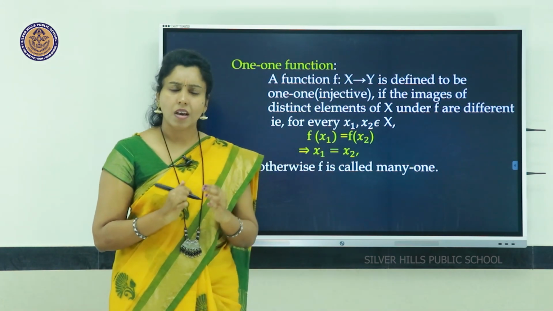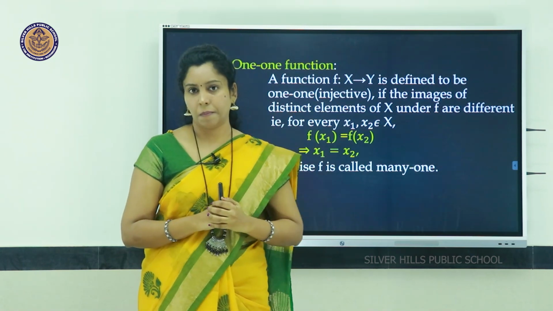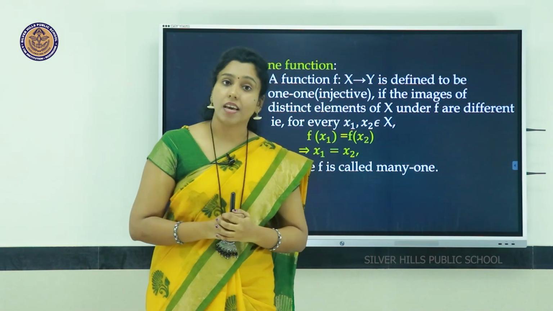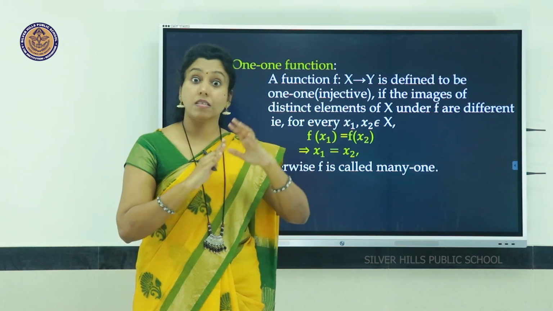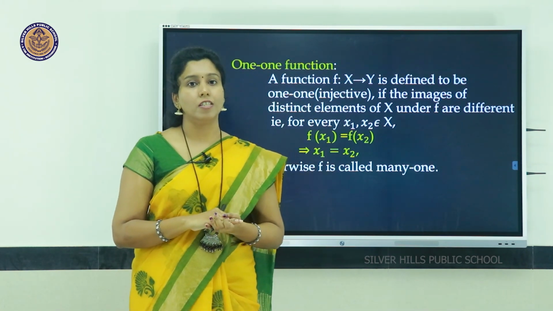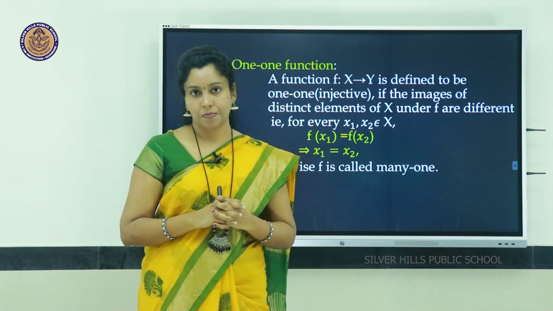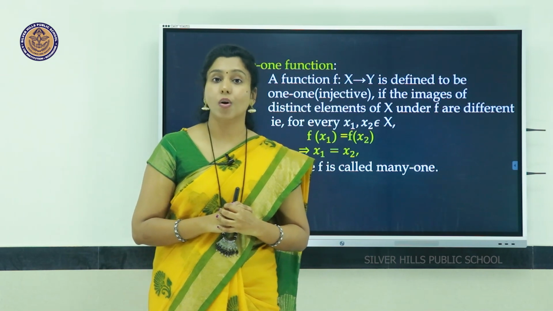What does that mean? In simple words, you have a function f from x to y. X is the first set and y is the second set. We say f is 1-1 if distinct elements of the first set go to distinct members of the second set. In that case, we say the given function is 1-1.